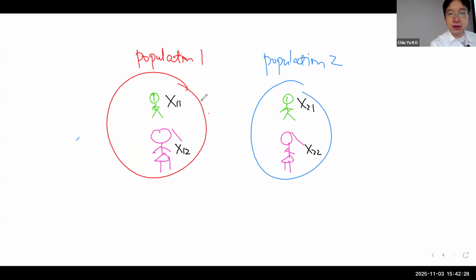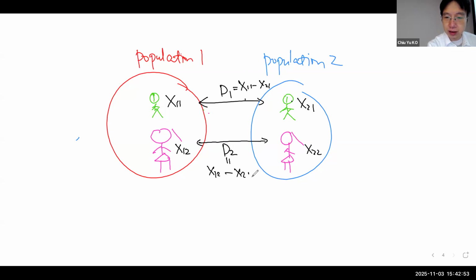The difference between the first pair is called D1, and the difference between the second pair is called D2. D1 is X11 minus X21, and D2 is X12 minus X22. So it's left minus right. That is the difference.